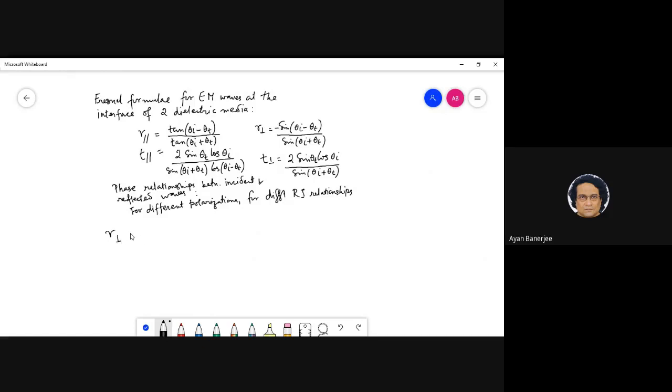That for Ni greater than Nt, what do we have? So Ni greater than Nt. Then your sine theta t is more than theta I, right? So R perpendicular is what? Positive or negative?